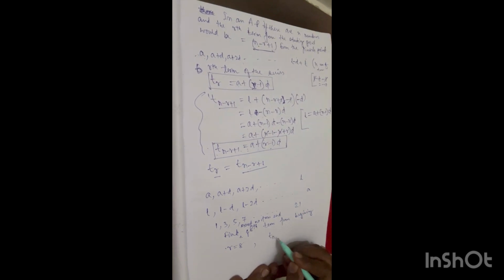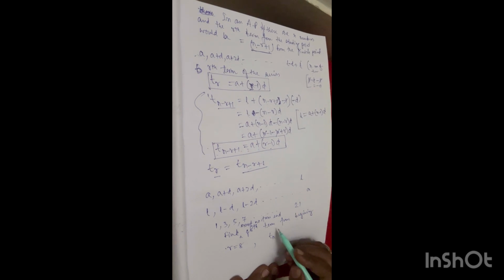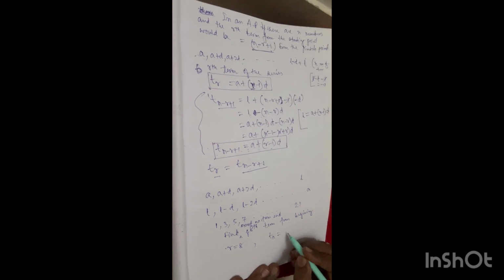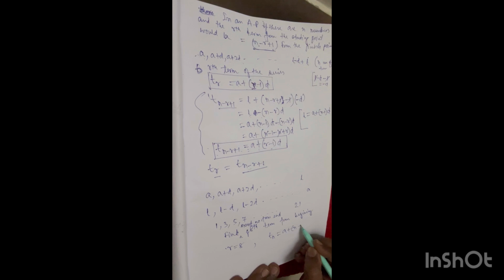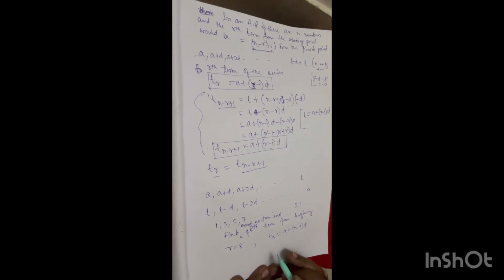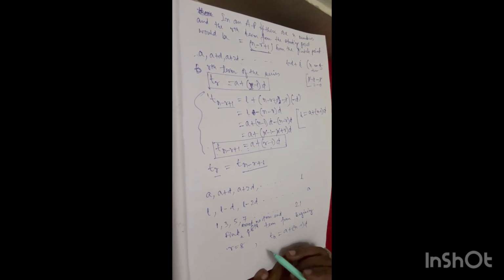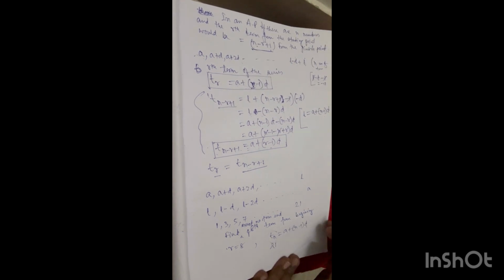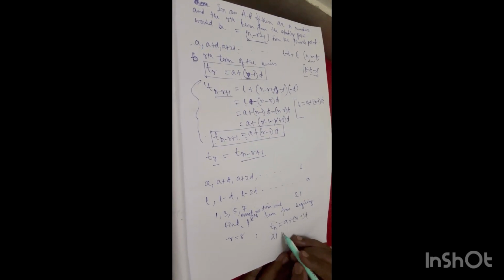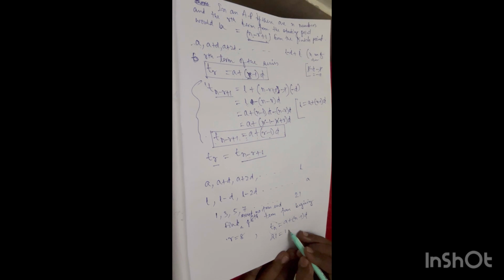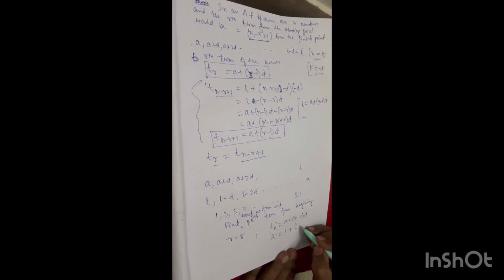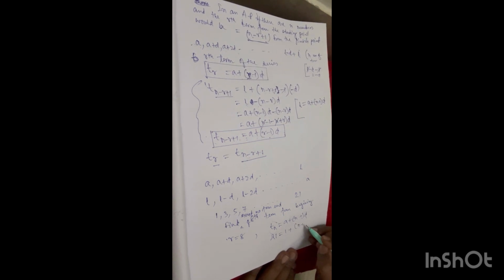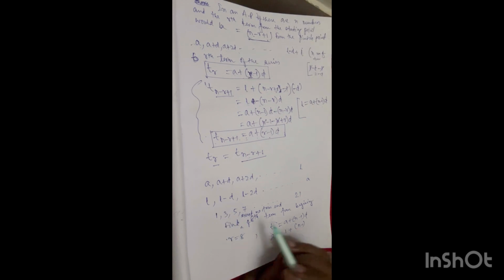Now Tn, if I consider the last term as the nth term, is equal to a plus (n minus 1) into D. Now you can find the Tn value, that is 21 here, and a is your 1, n you don't know, so you have to find it out: (n minus 1) into D is equal to 20 with D equal to 2.